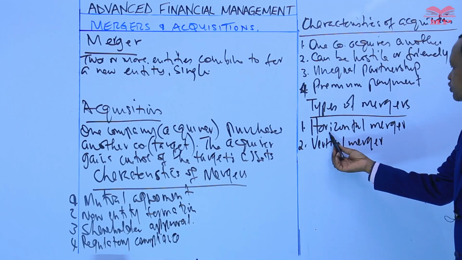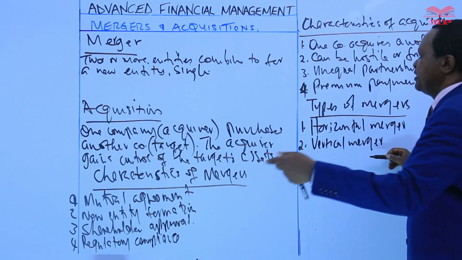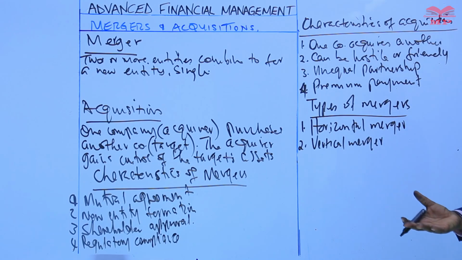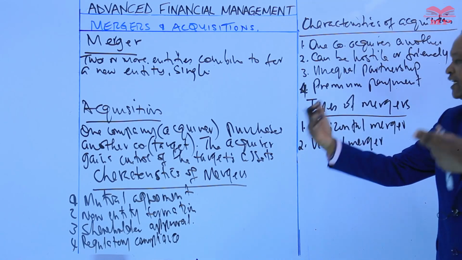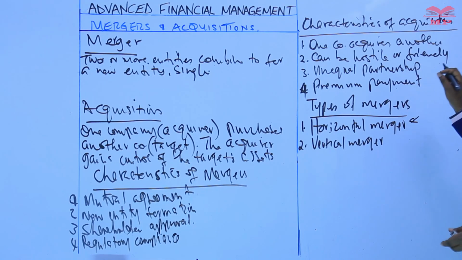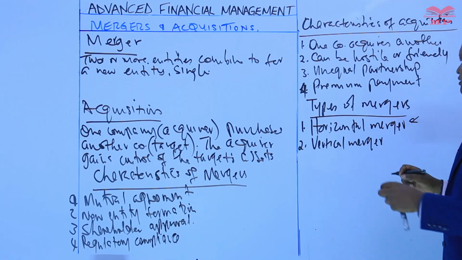An example of a horizontal merger is where one airline purchases or merges with another airline to form a large carrier. Two competing airlines merging to form a larger carrier is an example of a horizontal merger, where companies operating in the same industry combine.